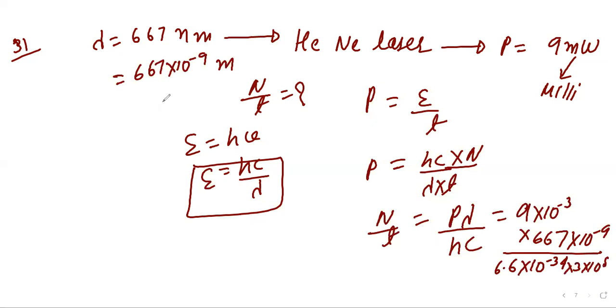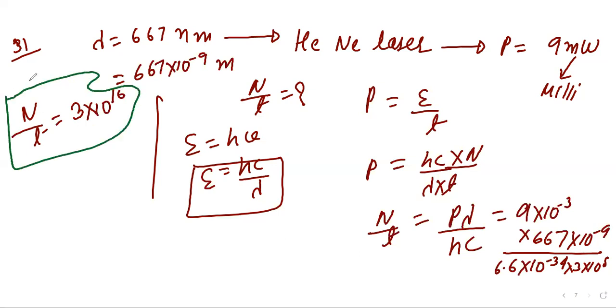Calculate this, then you will be getting n upon t as 3 into 10 raised to 16. So this will be the value for photons per second.